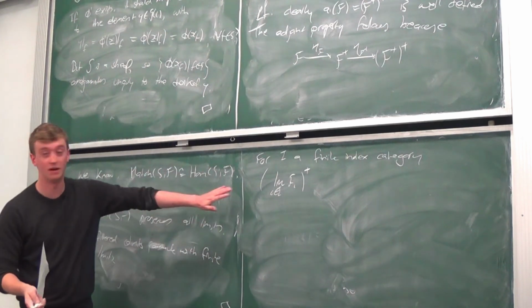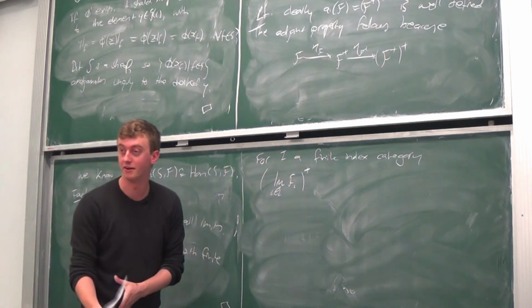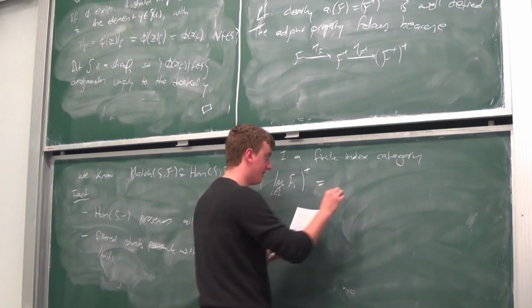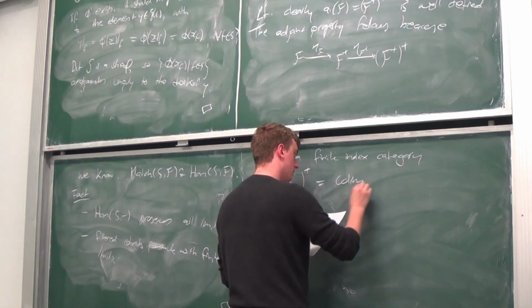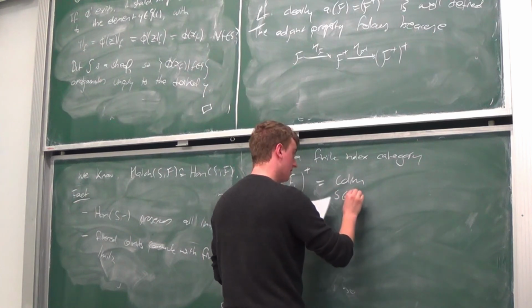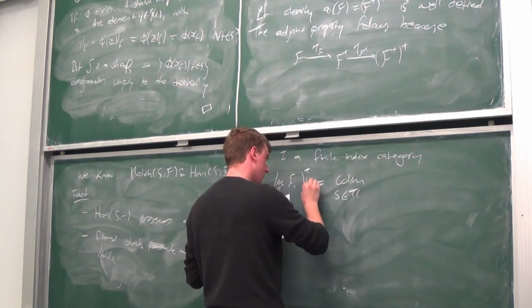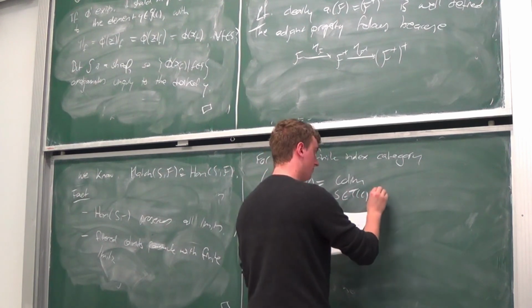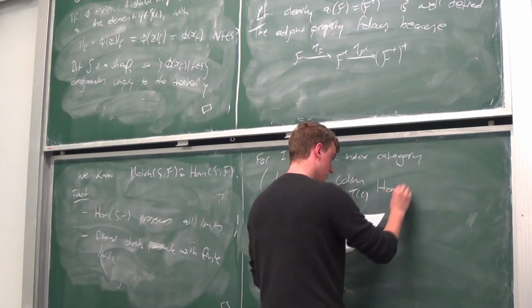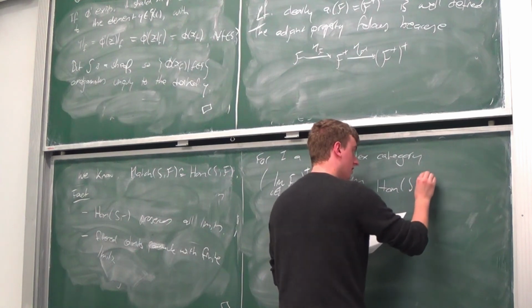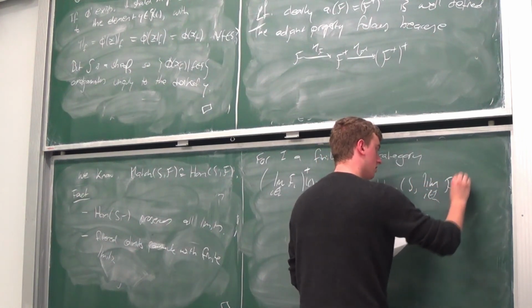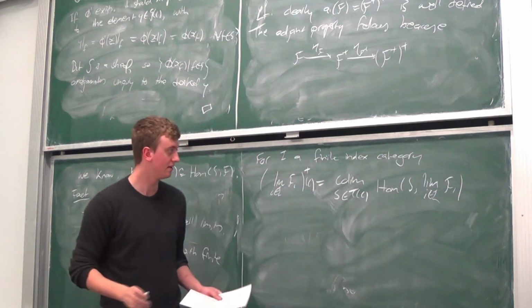It's going to suffice to show that one plus works because we can apply the plus the second time. What's that going to be? By definition of the plus construction, that's the co-limit over covering sieves of this Hom set.